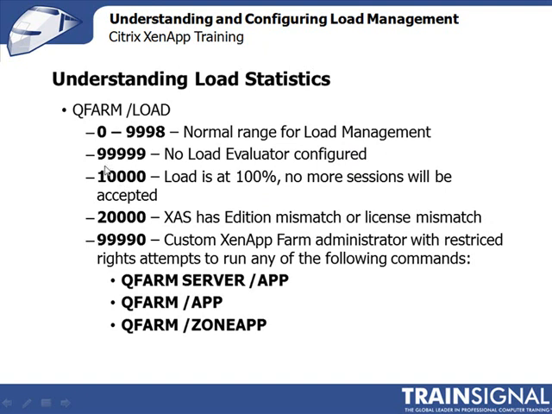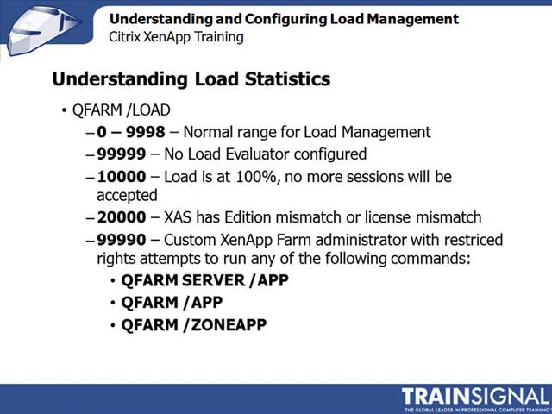Now, if you have 5 nines, it basically means that there's no load evaluator configured on this particular server, and that could give you a hint that, hey, maybe you should configure something for this server. 10,000 means that the load is at 100%. This is important because sometimes you are troubleshooting something and your server isn't accepting user logons. And I've seen this many times with Citrix.